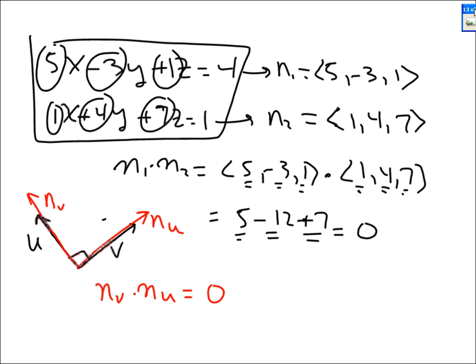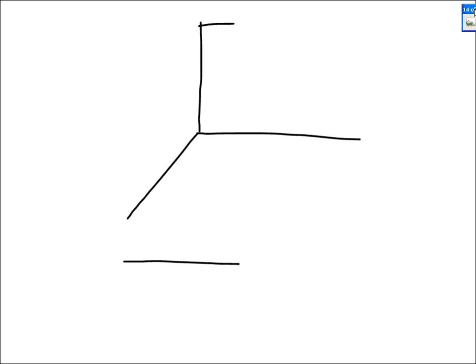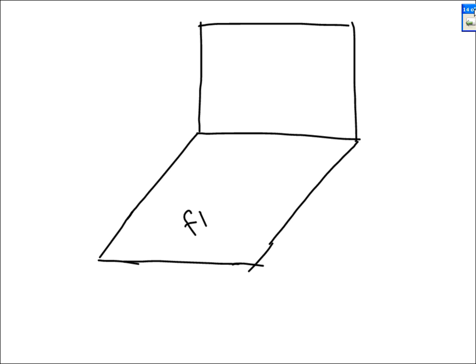Think about what it means for planes to meet at right angles. Just look at the corner. You have one wall, then you have the floor. They meet at right angles. Let's see if I can draw that better. So maybe this is your floor, and this is one of the walls.